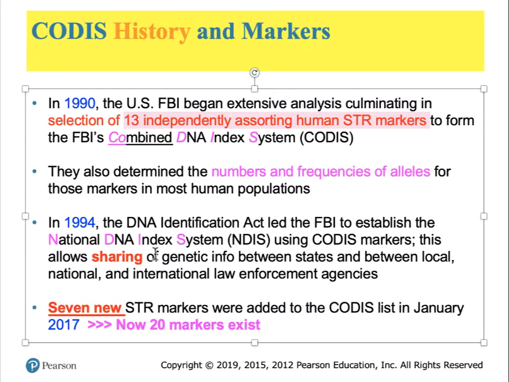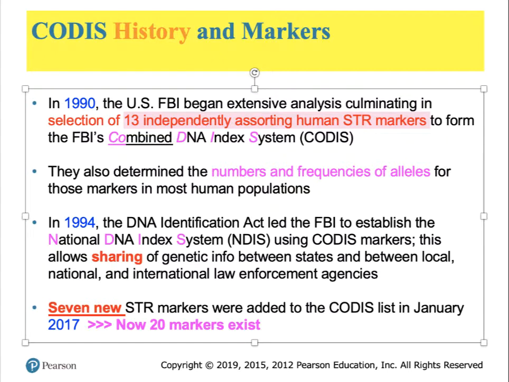This allowed the exchange of information between the FBI and the states, as well as local, national, and international law enforcement agencies. These databases have continued to grow almost exponentially since, and they contain a wealth of knowledge about those participants or suspects that have been required to supply DNA samples.